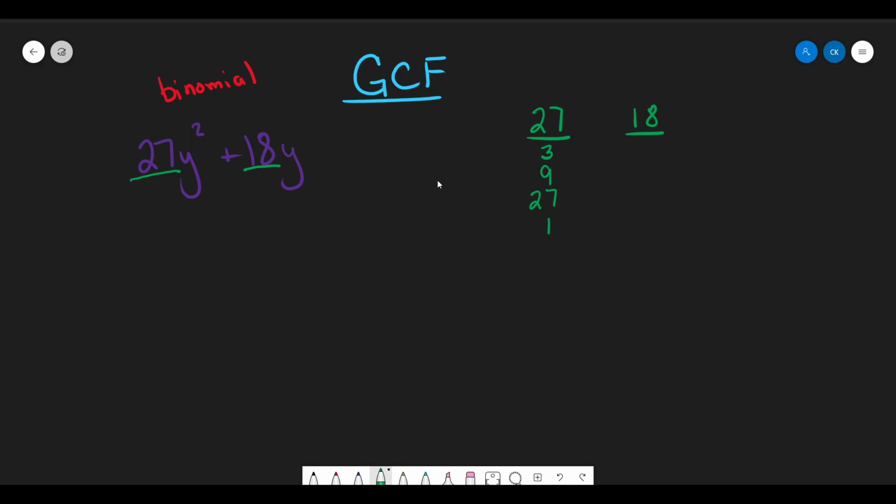Those are the only factors that we have of 27. 18 also has a couple factors. We'll start off with 1. We have 2. We have 9. We have 18. We have 3. And we have 6. So 18 has a couple more factors than 27, obviously.